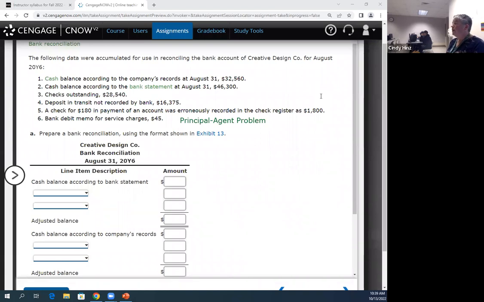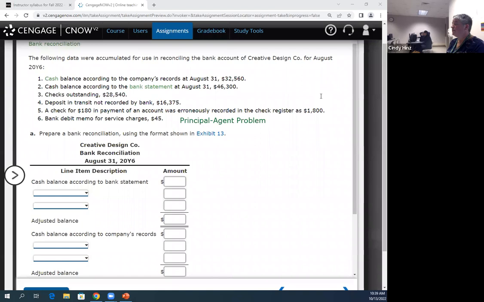So to get back to our first exercise, we need to have a way of making sure that the people running the company are being responsible about protecting the cash of the company as its most vulnerable asset. The second most vulnerable is probably their inventory if they are a merchandising company, if they're selling a product.